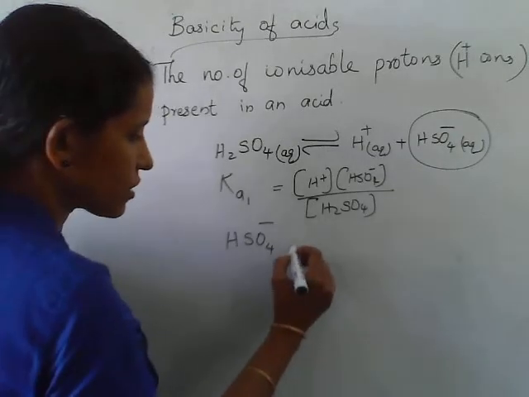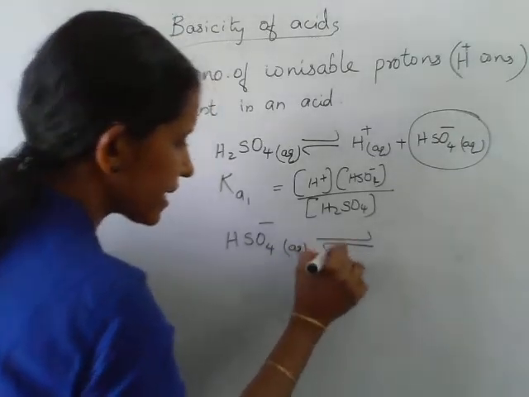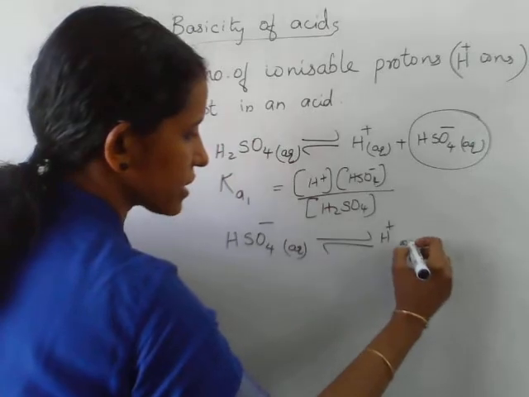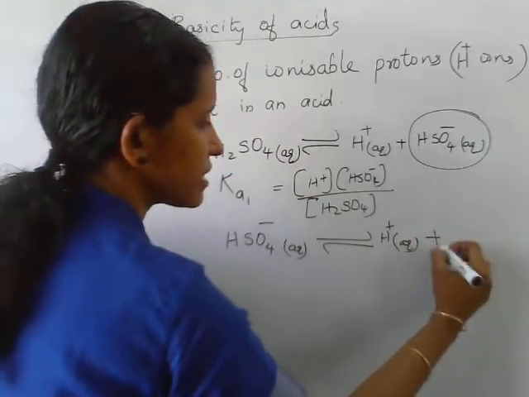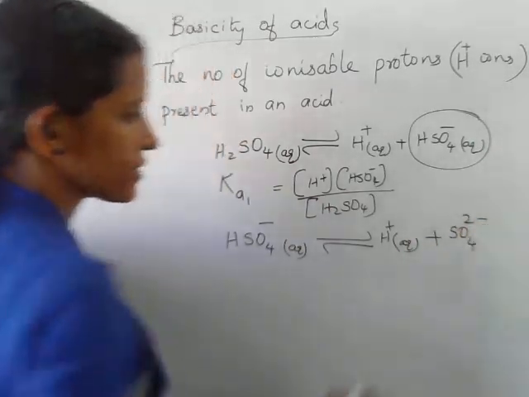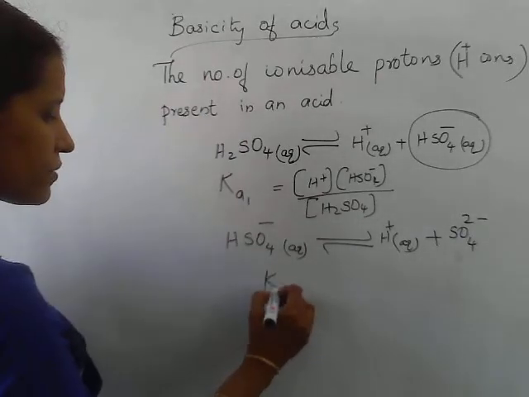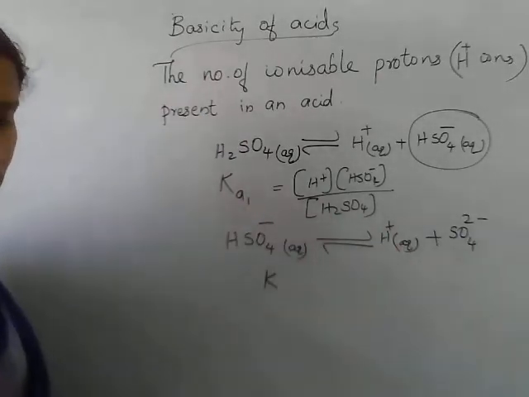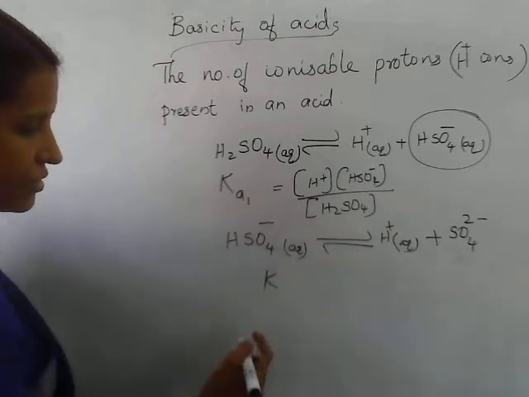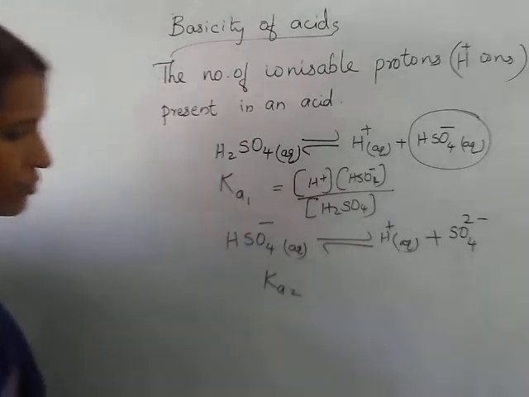So HSO4 minus can again ionize to give 1 more H plus ion plus SO4 2 minus. The equilibrium constant of this reaction, that is second ionization of bisulfate ion, can be written as Ka2.